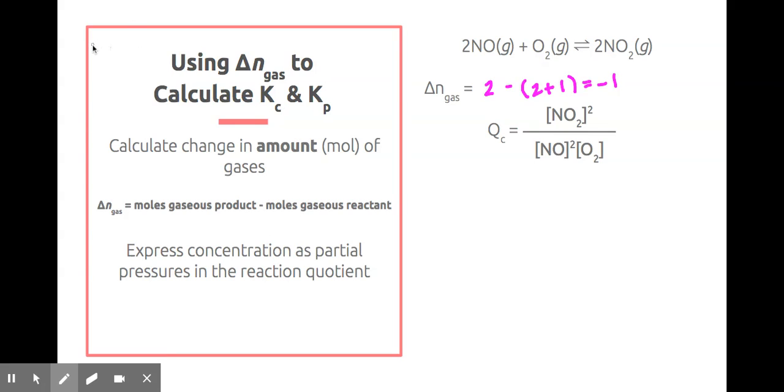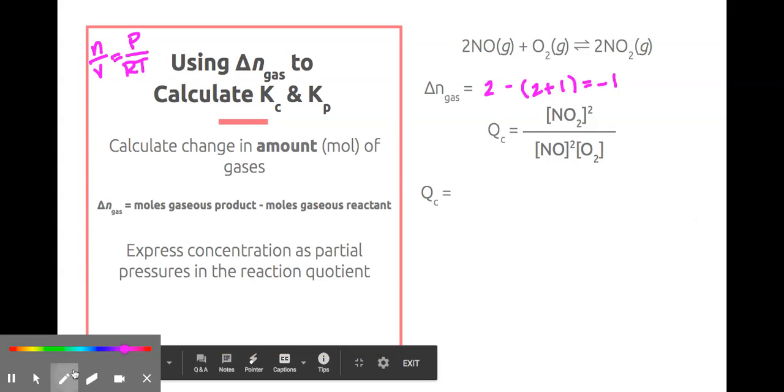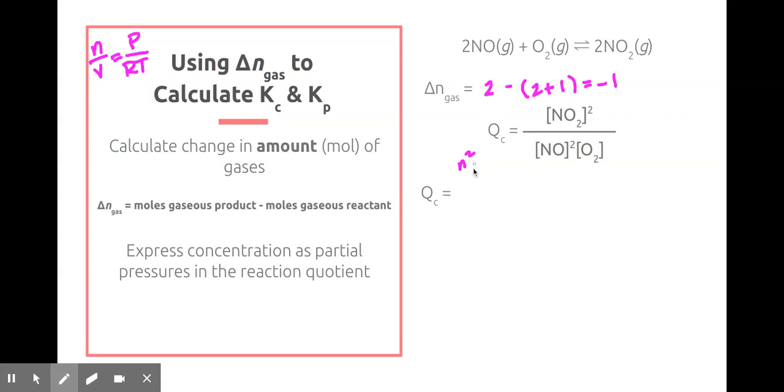So remember, that relationship is the moles divided by volume is equal to pressure divided by R times T. So that is going to look like this. We have our moles squared of NO2 per volume squared over our moles squared of NO per volume squared times our moles of O2 per volume.